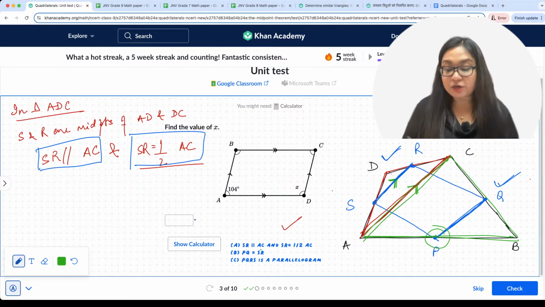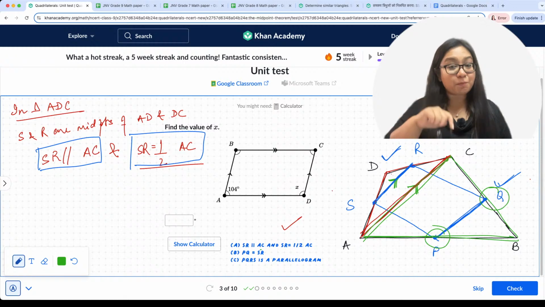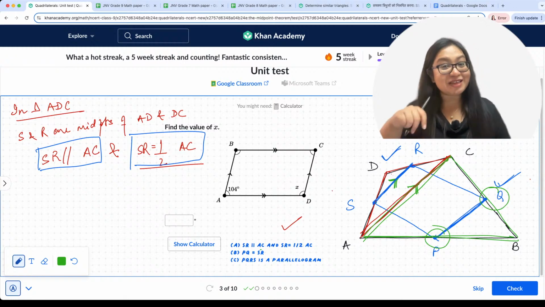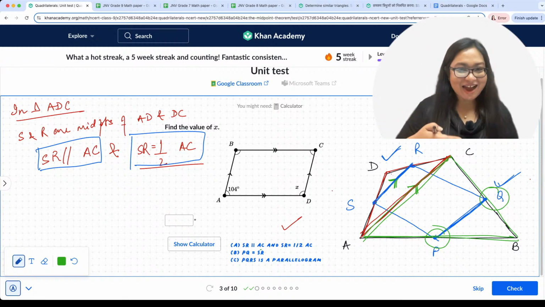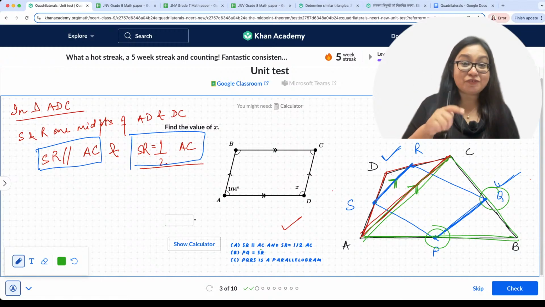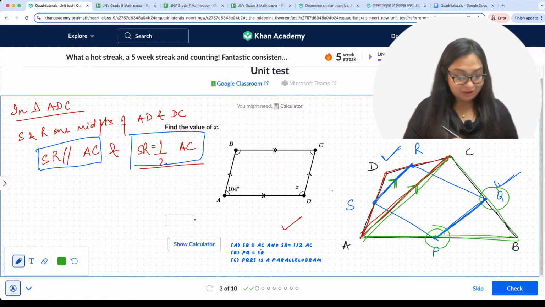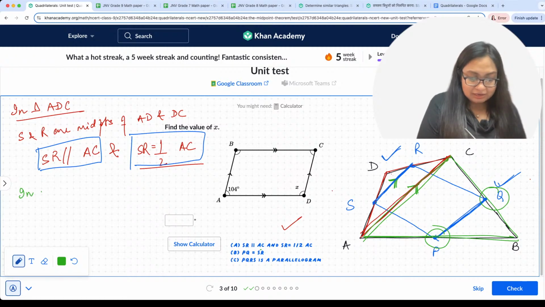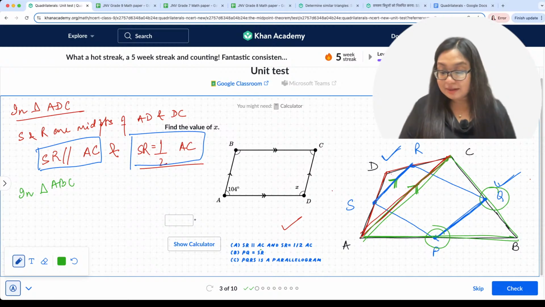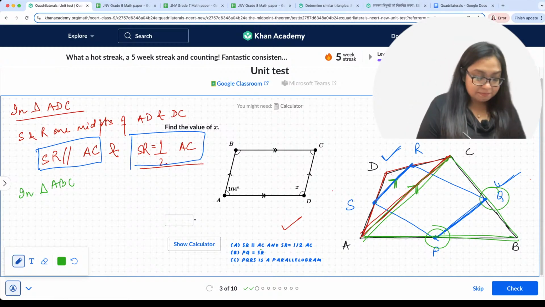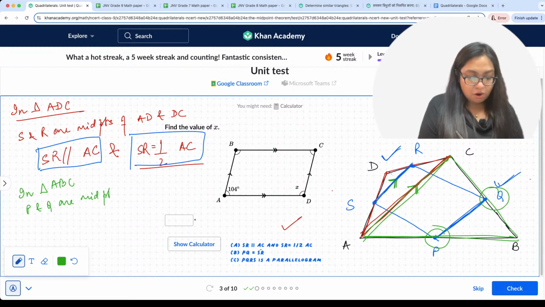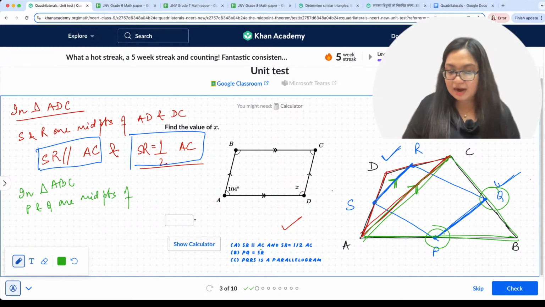P is midpoint of AB, Q is midpoint of BC, and this PQ is a line joining midpoints of two sides of a triangle that's going to be parallel to the third side, and it is going to be equal to half of the length of the third side. So here we go. In triangle ABC, right? P and Q are midpoints of AB and BC.